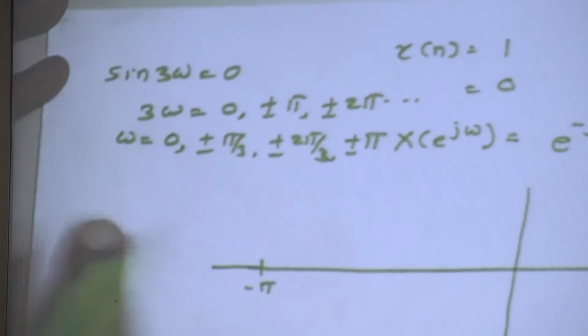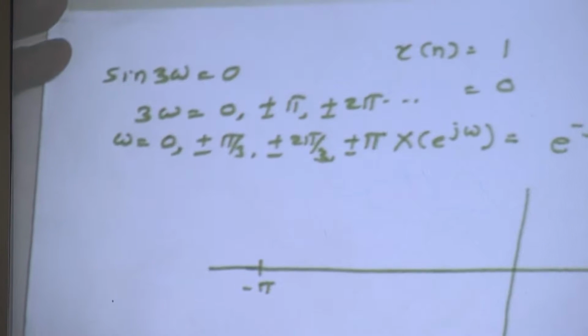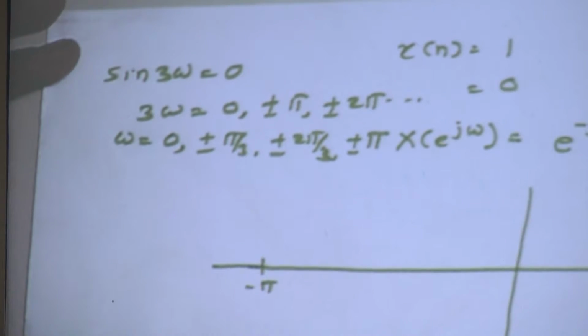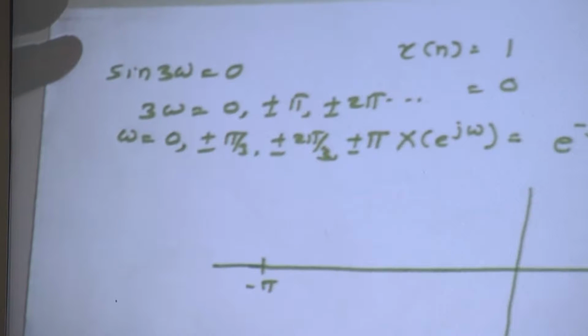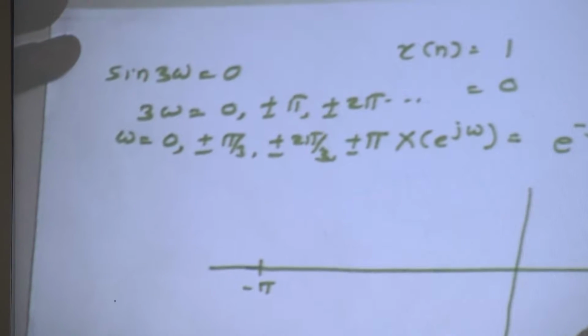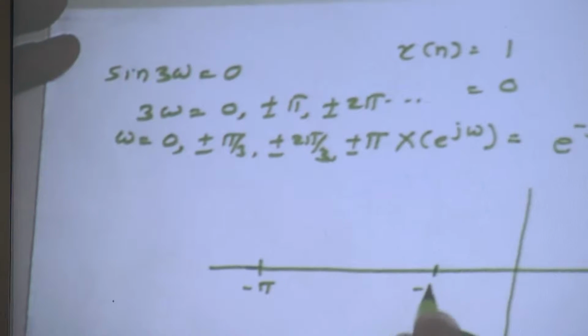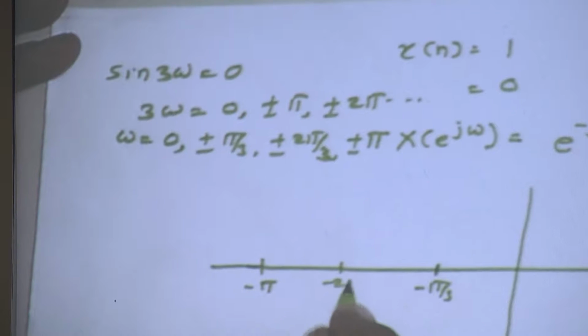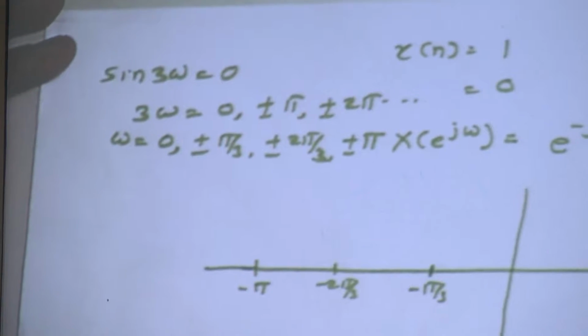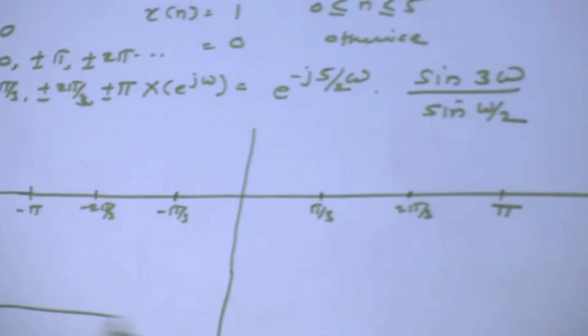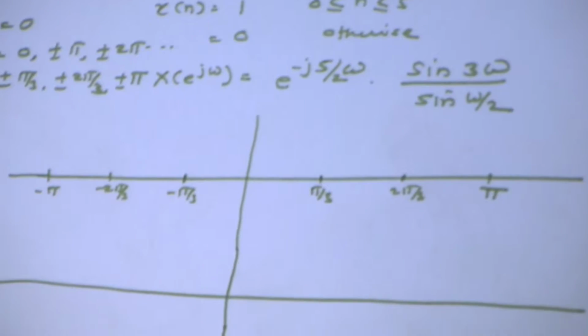We are interested in minus pi to plus pi. So what are these regions now? We have to identify 3 parts here. So this is to be divided by 3: pi by 3, 2 pi by 3 and this. So minus pi by 3, minus 2 pi by 3 and so on. Identify correspondingly for the phase spectrum as well.